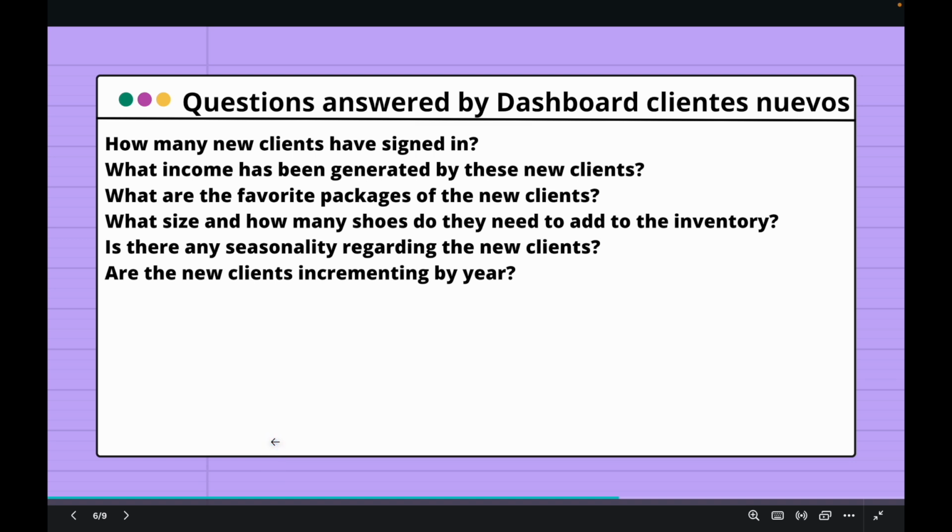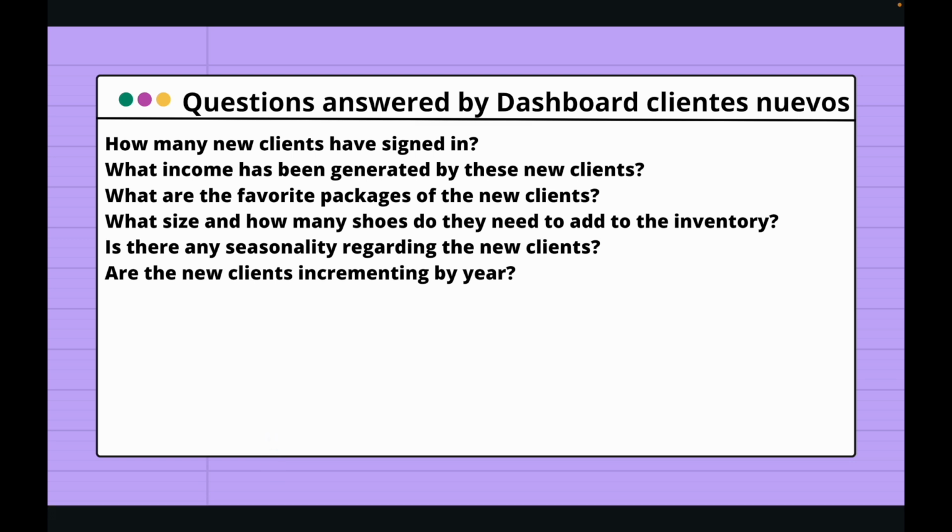I also have the questions that could get answered with our dashboard of clientes nuevos: how many clients they were signing, the income that those clients were giving to Cyclopata, the favorite packages of those new clients, the shoe size, the seasonality of those new clients, and you could see that the clients were incremented by year as well.